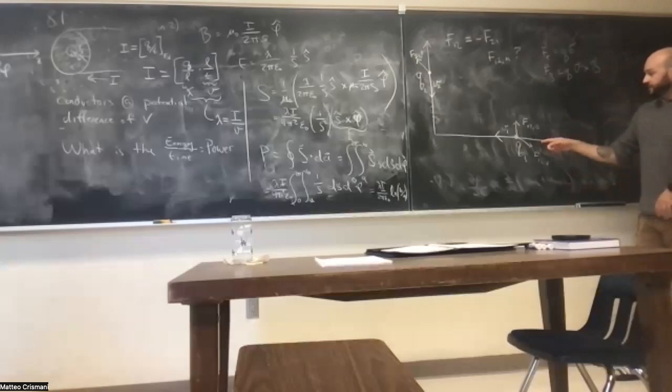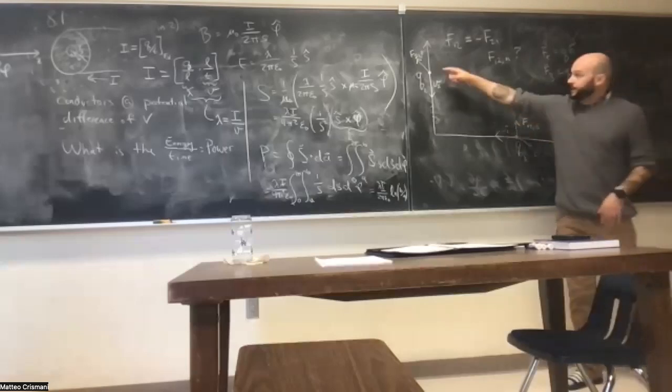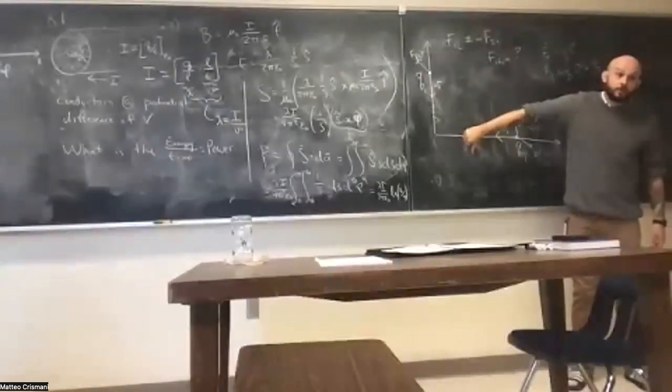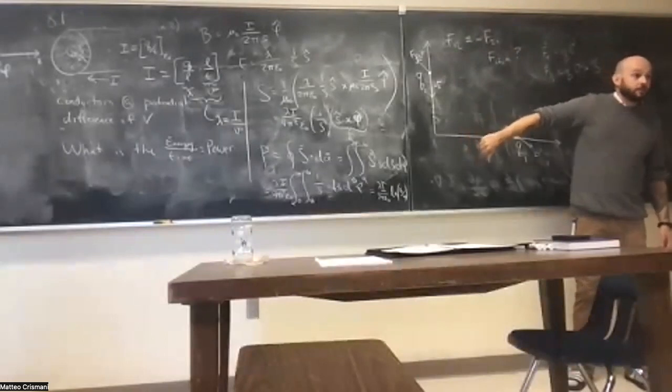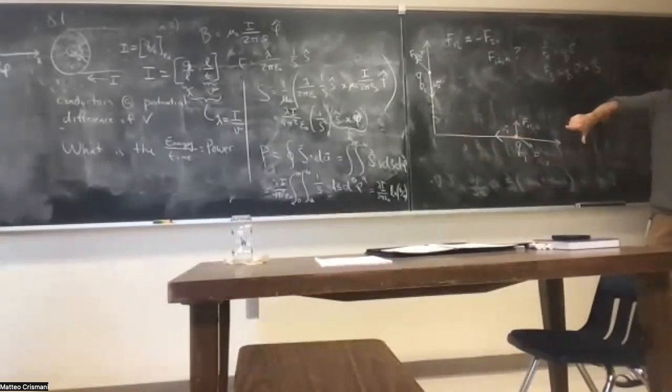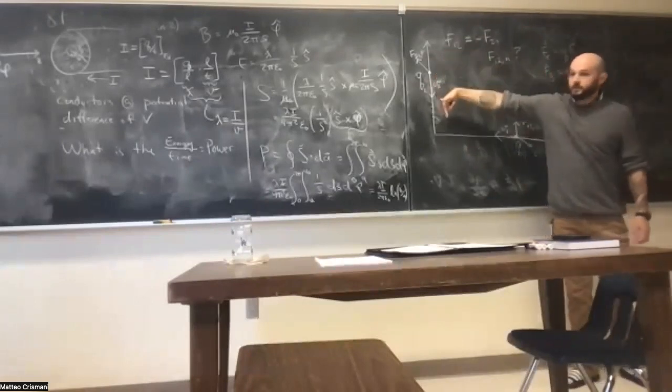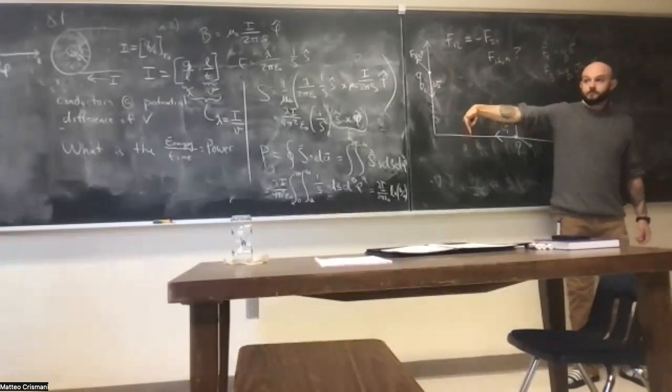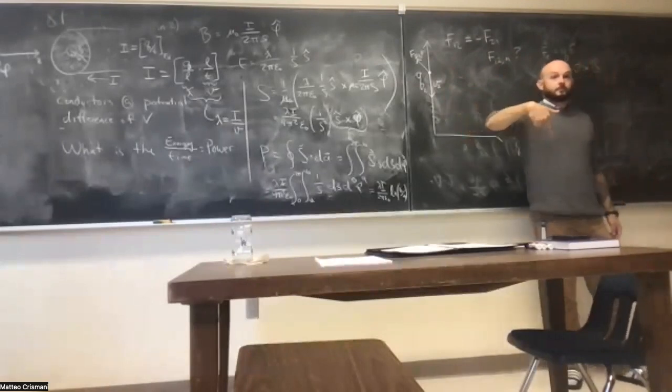Okay, so this one's fine. This one here, we're going down. And which way is B? B is into the board. And on this guy right here, B is going right, is that what it is?